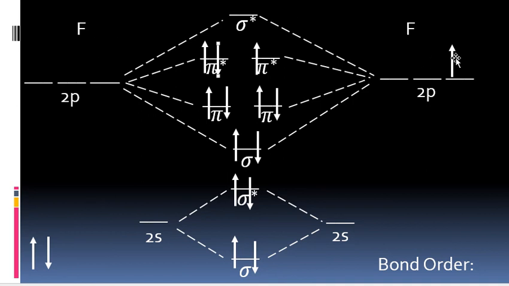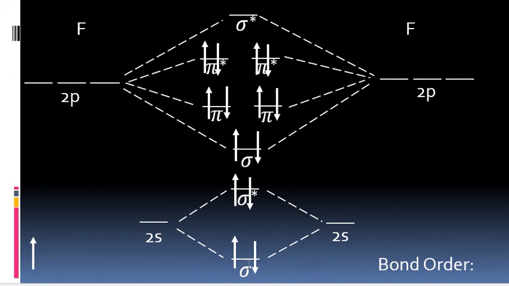That remaining electron is going to gain a spin flip to become like so. All right, we took the 7 valence electrons from each fluorine, so a total of 14 electrons, and we used those to fill the molecular orbitals like so.